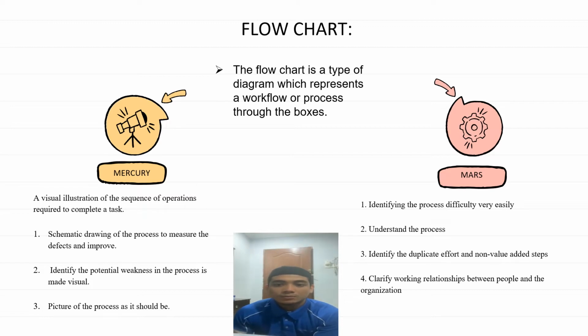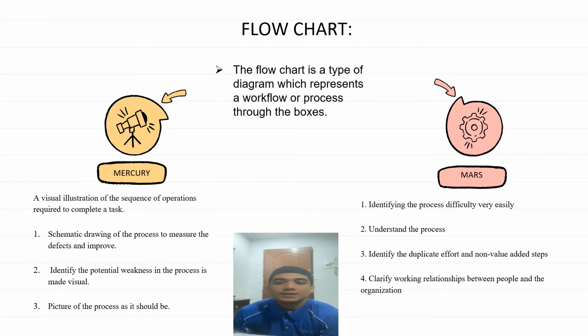Number one, schematic drawing of the process to measure the defect and improve. Number two, must identify the potential weakness in the process, made visual. And number three, pictures of the process as it should be.